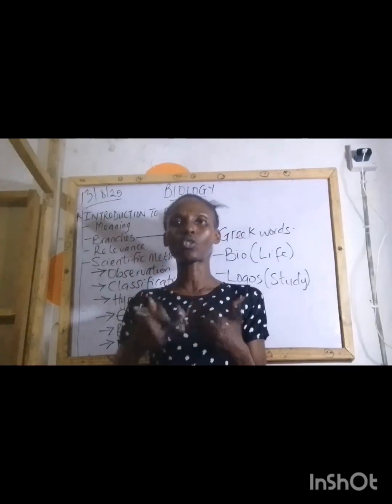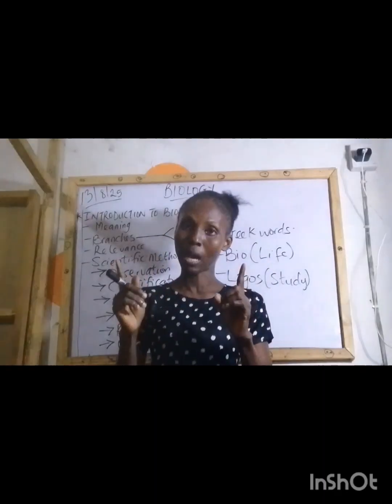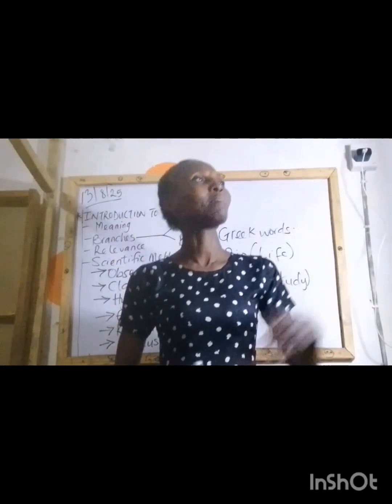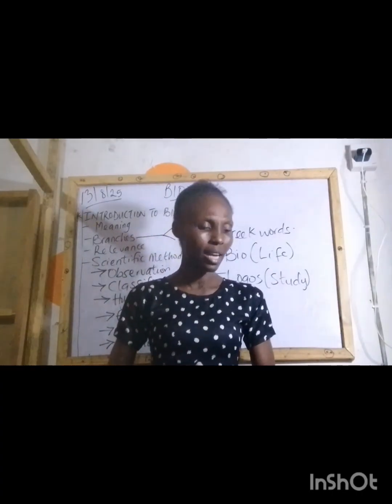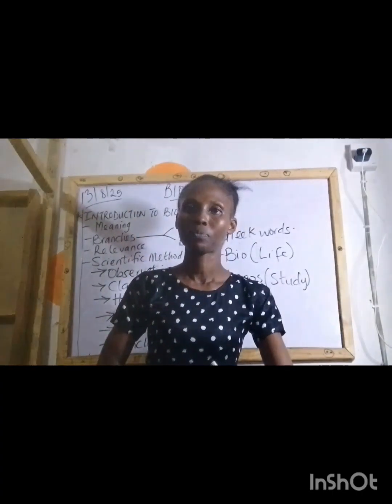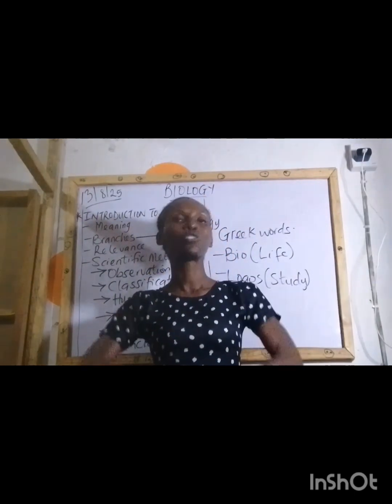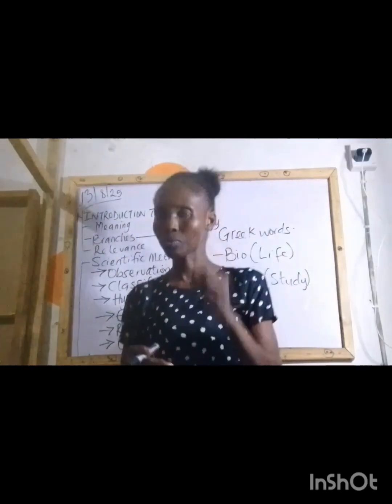Now, after some days, I observed that the ones at the window side, I'm using this as an illustration, are growing well. The seedlings are growing out well. And the ones I kept down the room, at the dark corner, are not growing properly. That is a problem. That is an observation.